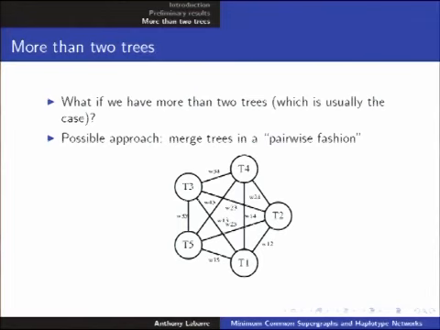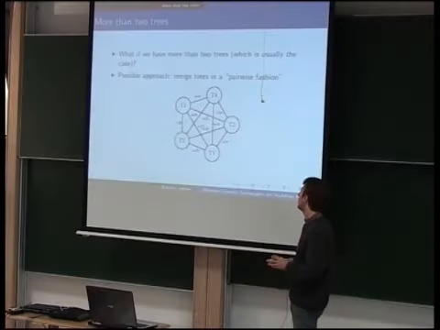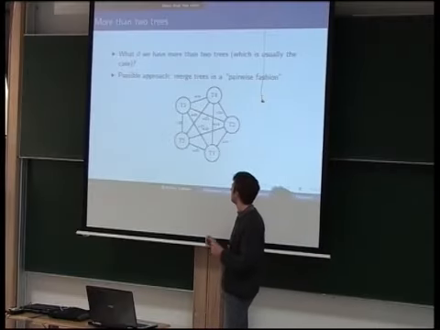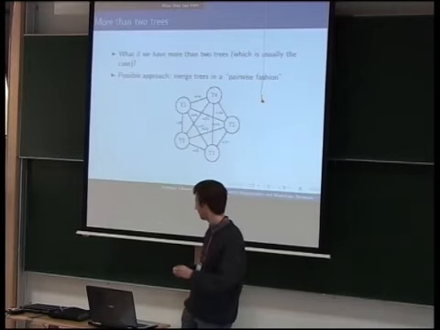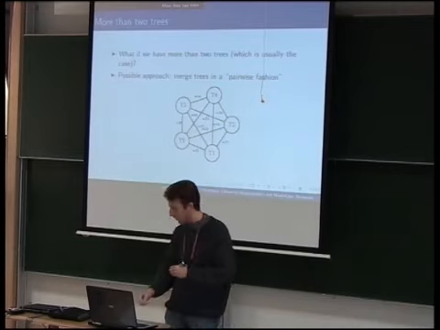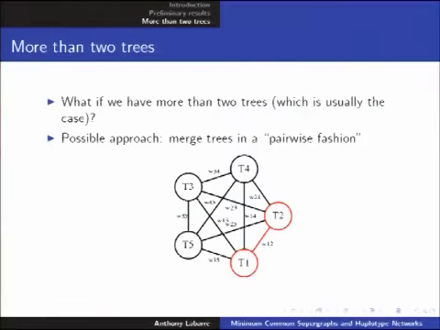But one thing we could do is define a distance on a pair of trees, which is the size of the minimum common supergraph that will contain them both. And we could try and find an ordering of the merging process that can yield a solution. So what we can do, for instance, is try and merge T1 and T2, which we can do optimally.